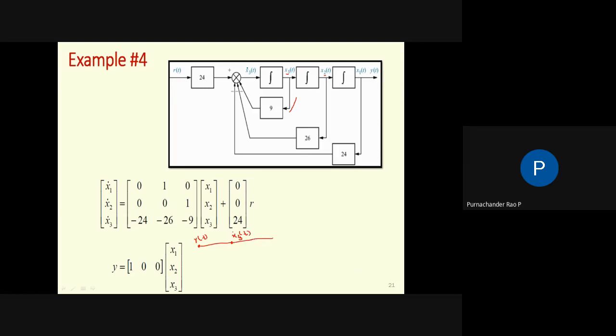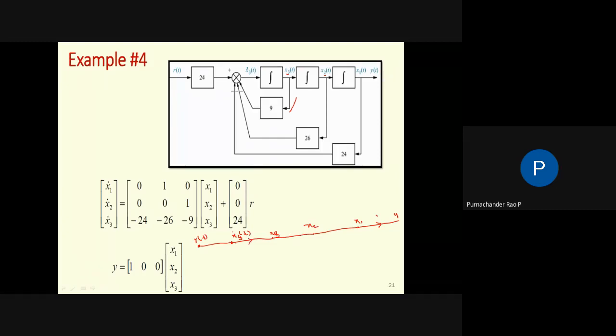Then this is x2, x1, y. So this is 1, this is y, this is x1, this is x2, this is x3.